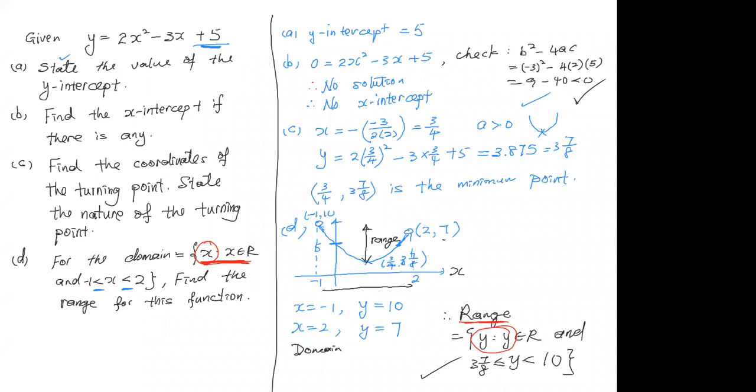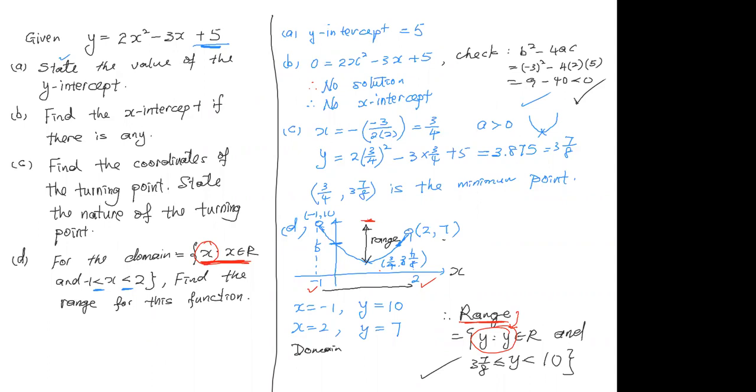Y. That's it. Oh, right. So these are the observations that you have to make. Range means all the possible values. When x changes from this value to this value, my y lowest is this, highest is this. Got it? Okay.